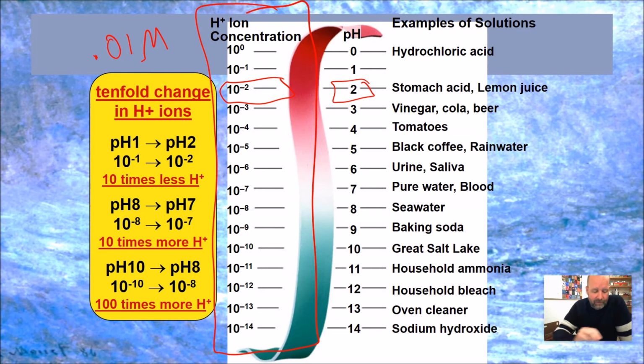It's actually the negative of the exponent. So that means that each whole number you go up or down on the pH scale, that's a factor of 10. So, that means that stomach acid here at a pH of 2 is 10 times as concentrated of an acid as the vinegar, just to give you some idea. So each one's 10 times.